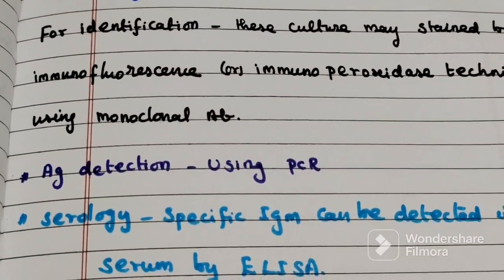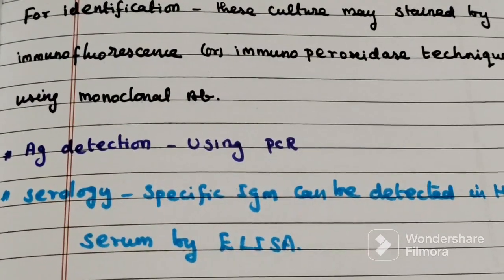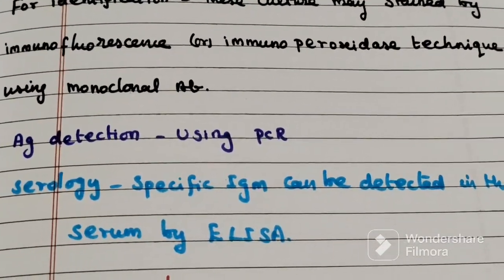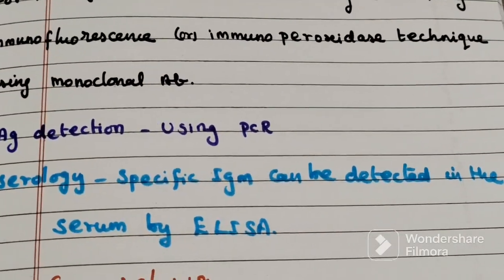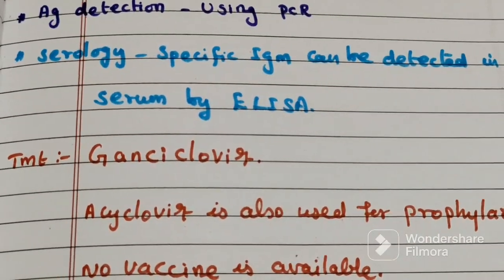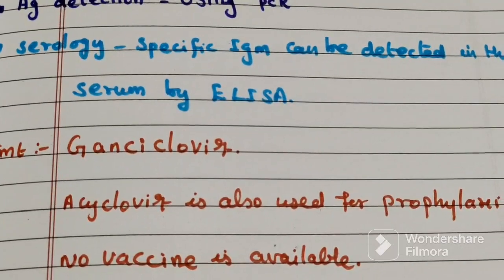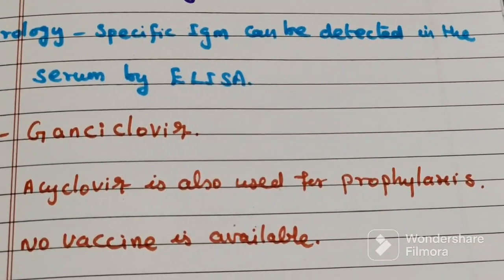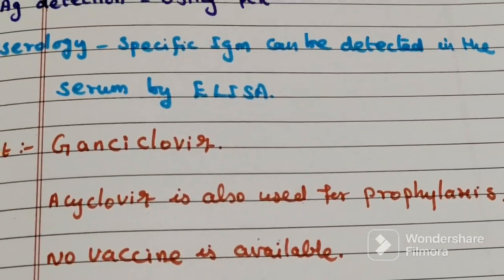For antigen detection, we use PCR. Serological test: cytomegalovirus-specific IgM can be detected in the serum by ELISA. For treatment, we are using ganciclovir. Acyclovir is also used for prophylaxis. No vaccines are available.